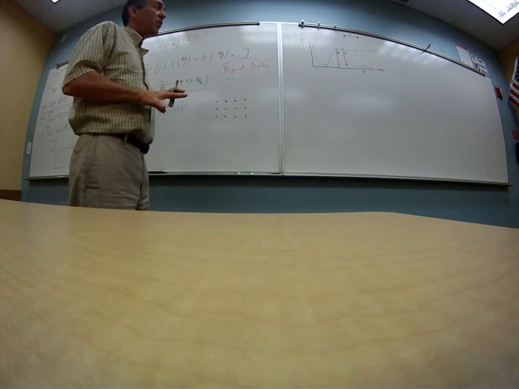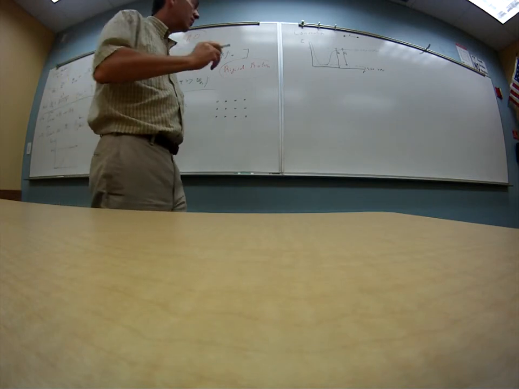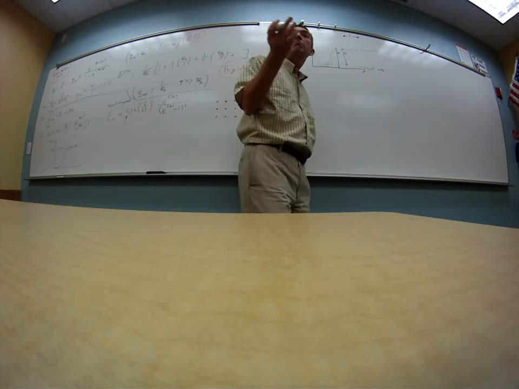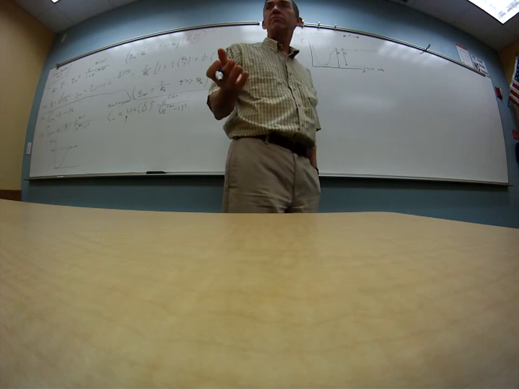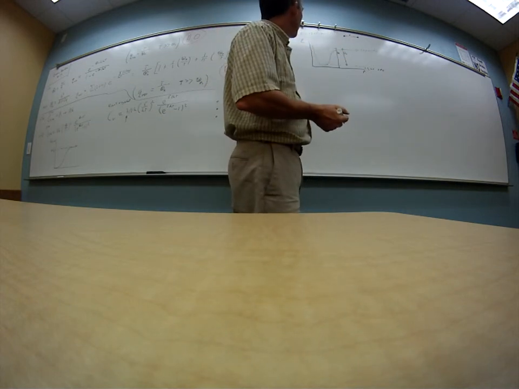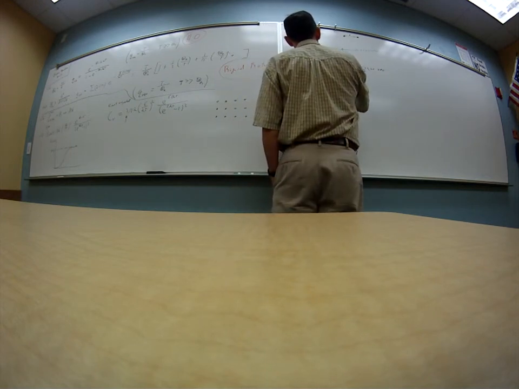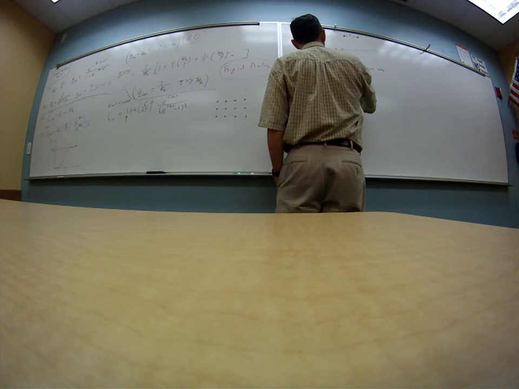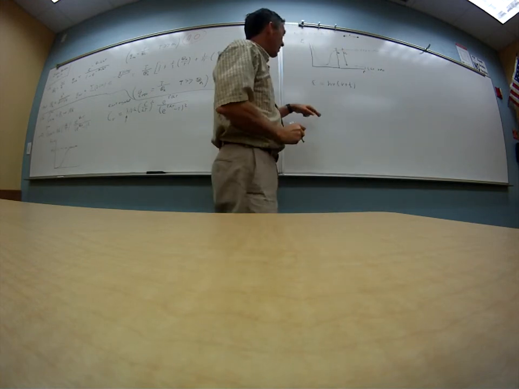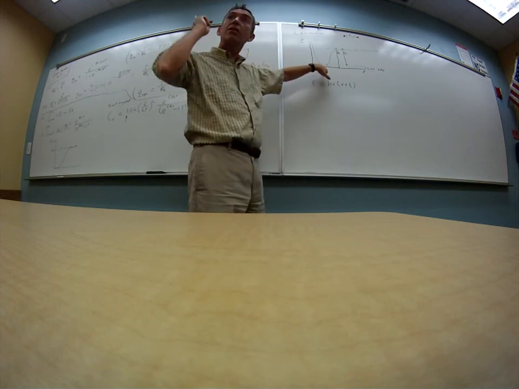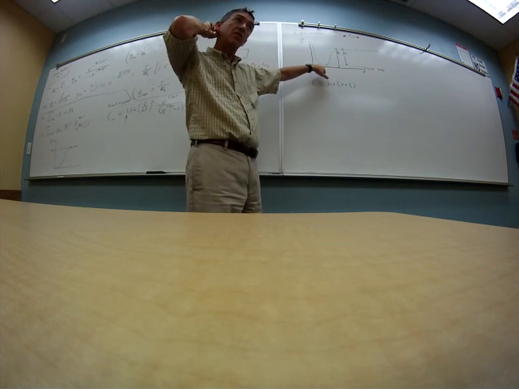So we've got a couple of choices to make. First is, how are we going to define the zero of vibrational energy? The choice that we usually make is to let the bottom of the well be the zero of vibrational energy.